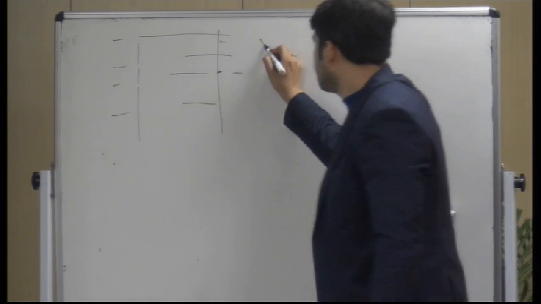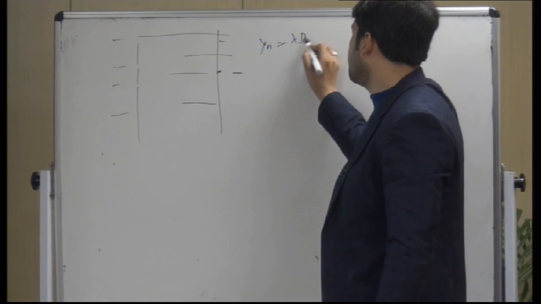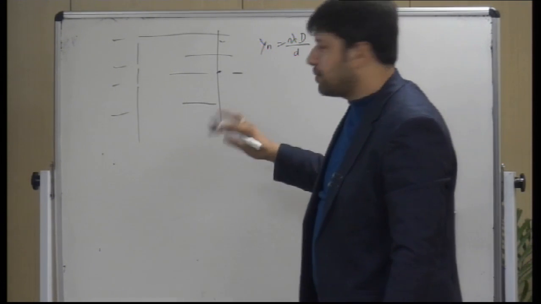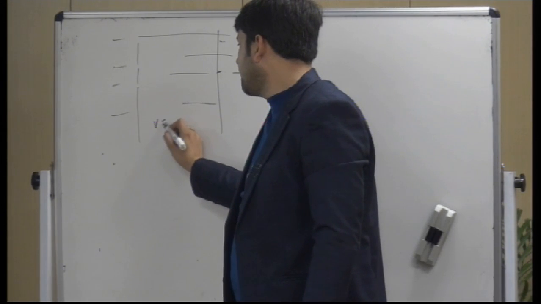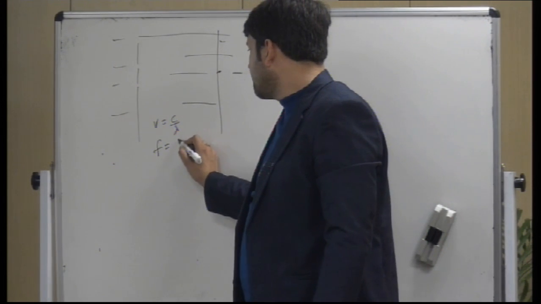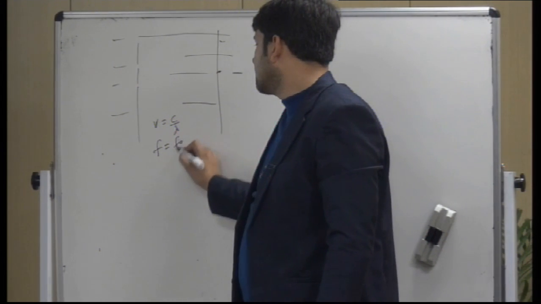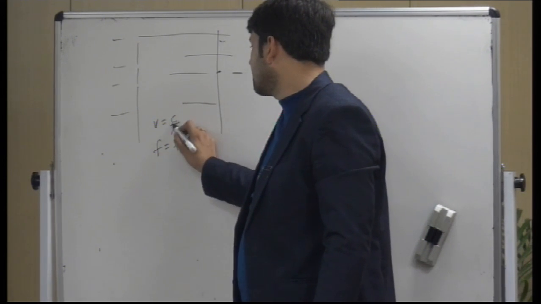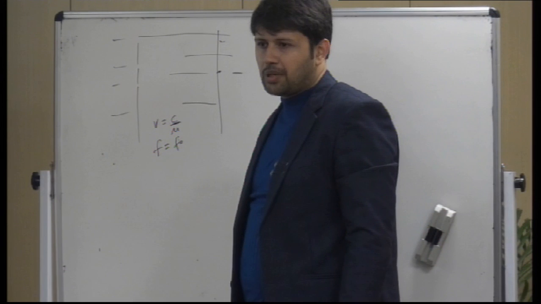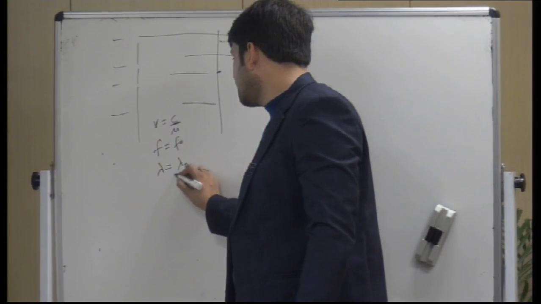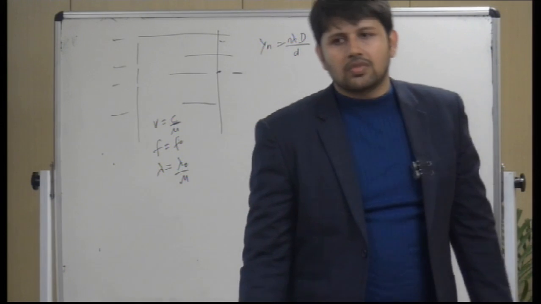You remember the position of bright fringe was n lambda capital D by small d. In a medium, the speed becomes c by mu. Since frequency remains unchanged, the wavelength should actually become lambda by mu.